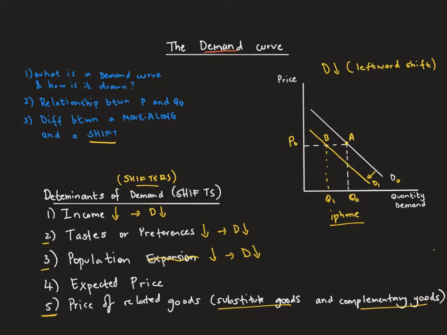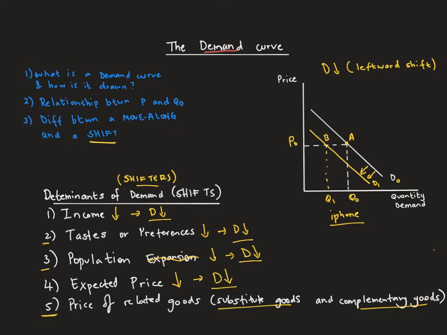Let's say the expected price is going to decrease in the future. So the price of particular products will decrease in the future. What's going to happen to demand today? Because we know that the price is going to decrease in the future, our demand for that particular product will decrease now.